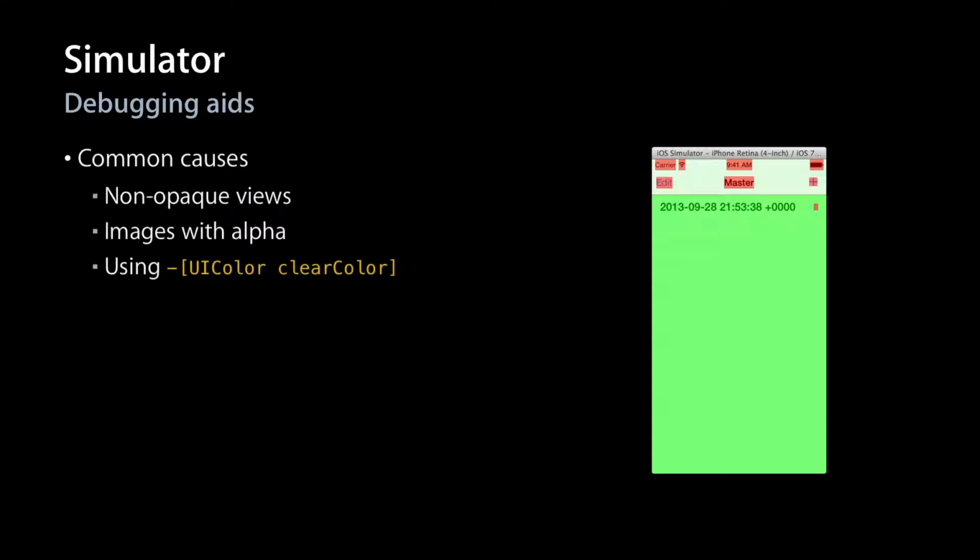Now, this is a really common case, these non-opaque views. Another very common case is images that have alpha in them. And the thing that gets people is you look at your UIImageView, and it's marked as opaque, and you're like, that's going to be a green view, I know it. And then you run your app, and you turn this on, and it's bright red. And you wonder, well, why the heck is that happening?